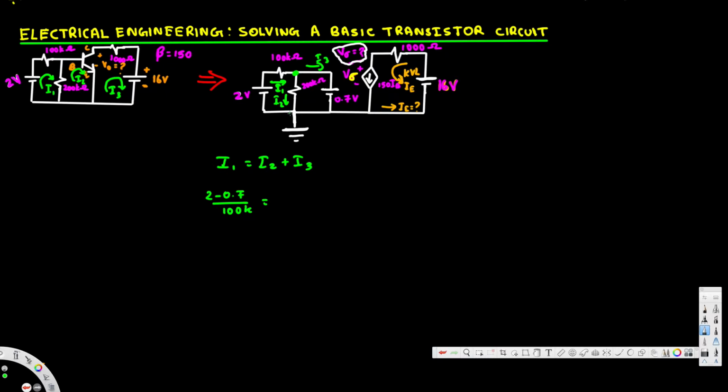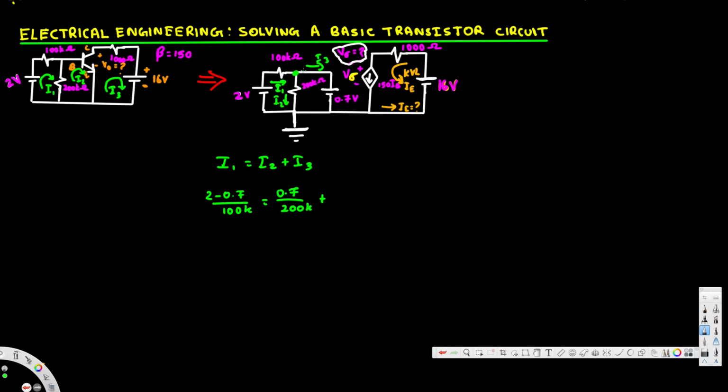So 0.7 minus 0, that's 0.7 divided by 200k, plus I3, which is 0.7 as well, connected to the ground.